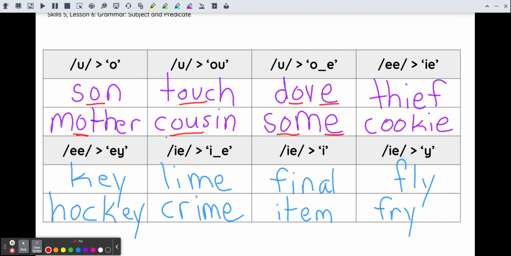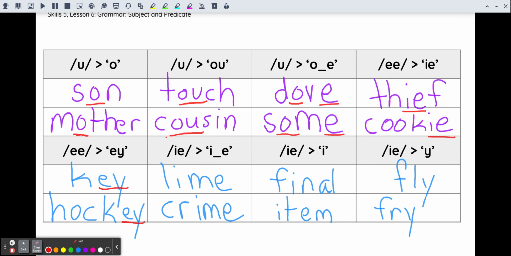Of E, spelled with an IE, as in the word thief, and cookie. On our bottom row, we have E spelled with an EY, as in the word key, and hockey.